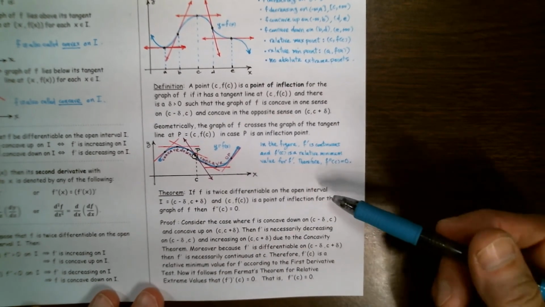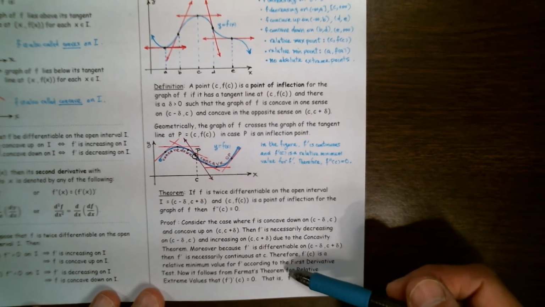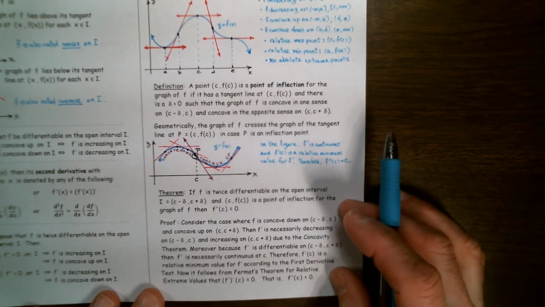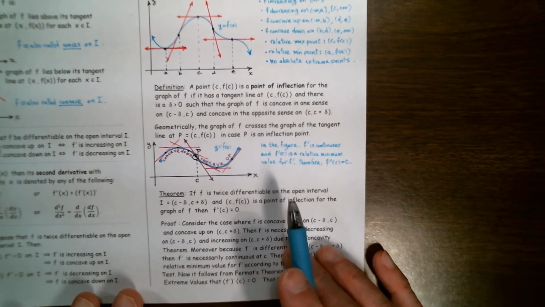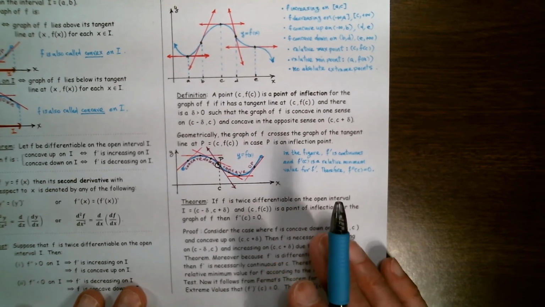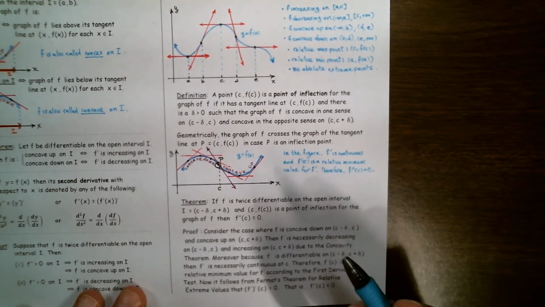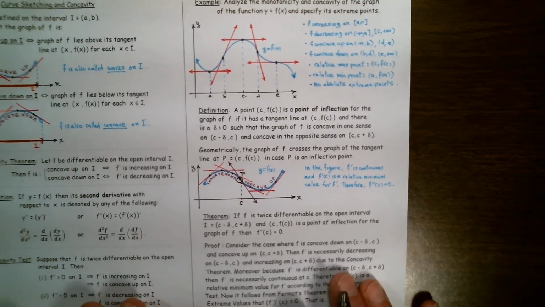And so you're free to read through our analysis, which is just a slightly more general version of what we argued for this picture. But these then are our major theorems dealing with the concavity of a function.